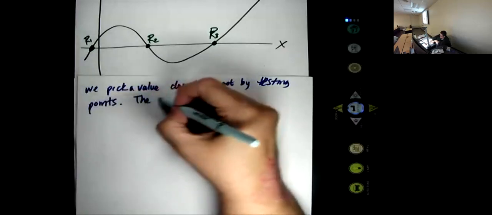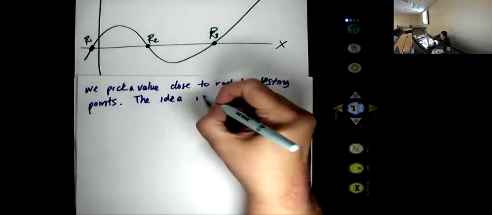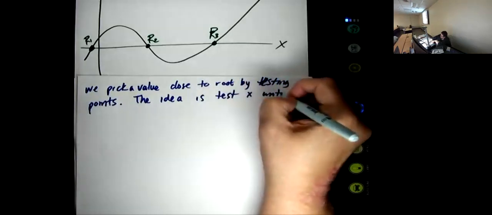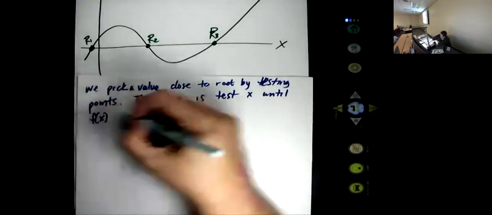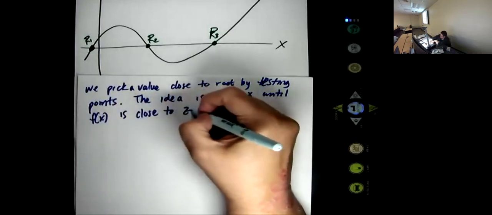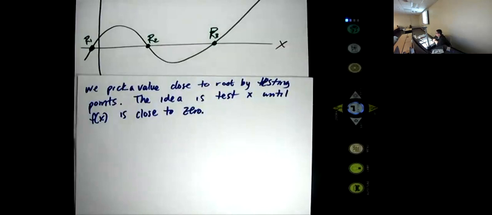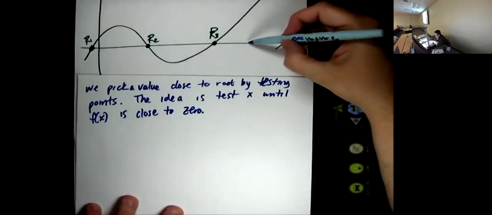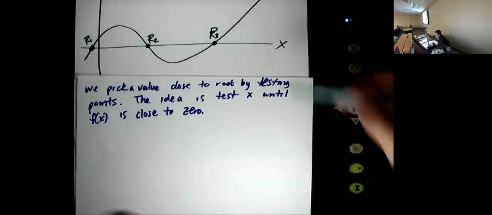The idea is to test x until f of x is close to 0. You decide how close is close. Let's say you get this point right here and it's x1.